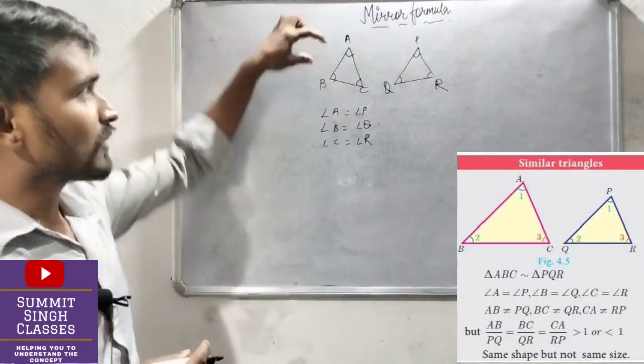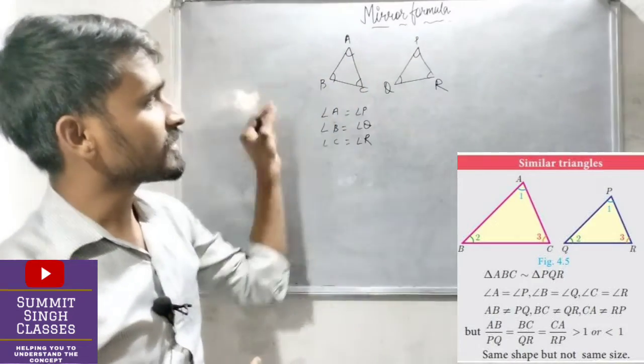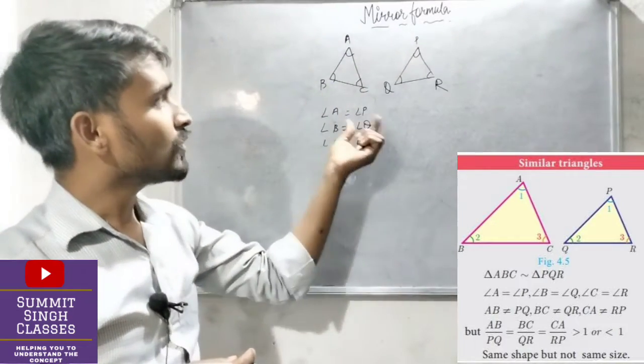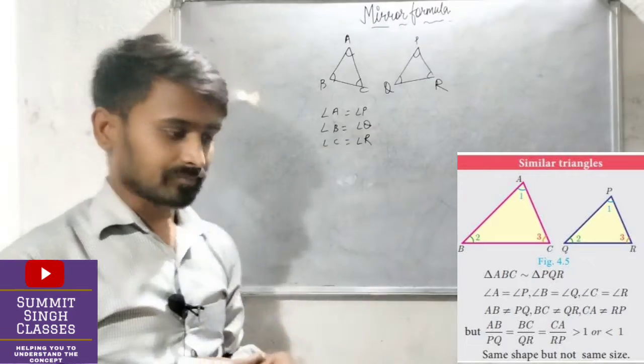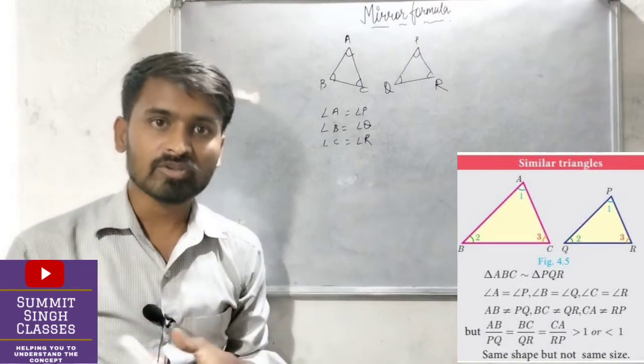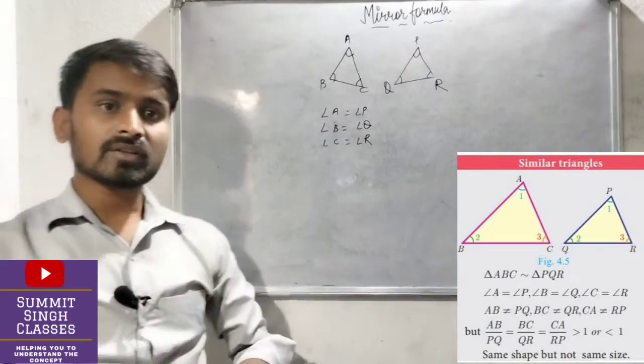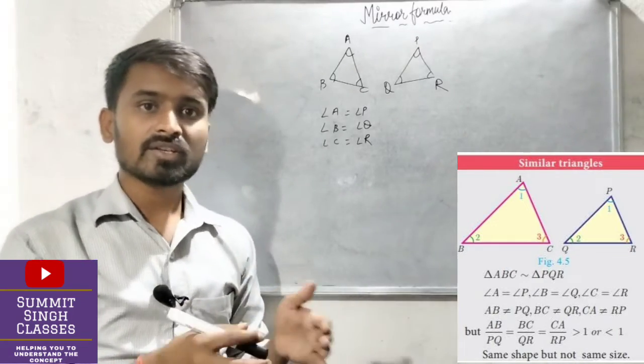If the corresponding angles of two triangles are equal, then both the triangles are similar. And if two triangles are similar, then the ratio of their corresponding sides is also equal.